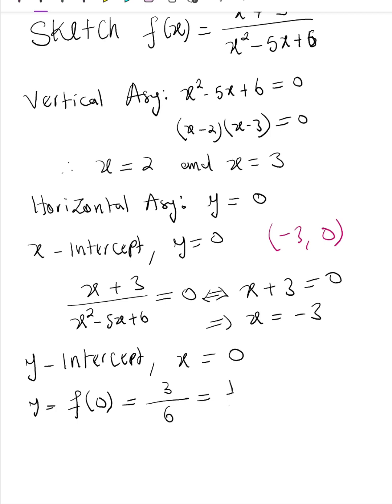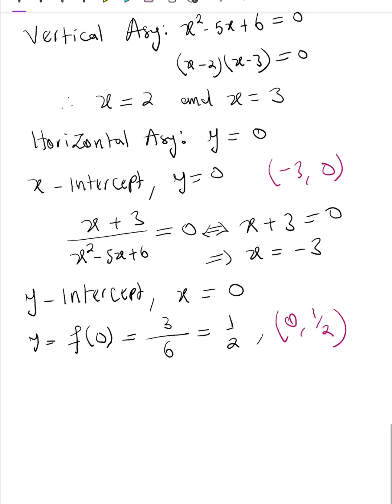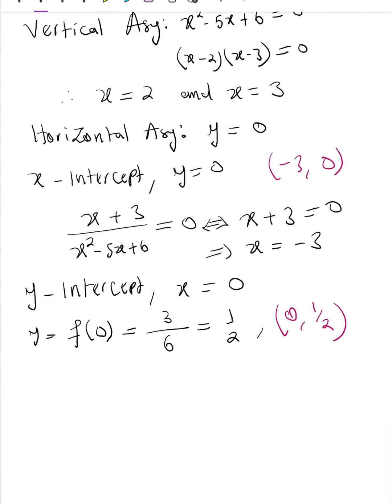So I have 1 over 2. So the y-intercept is the point 0, comma 1 over 2. So I have my asymptotes and my intercepts. The next thing is to sketch the graph. So that is my graph.